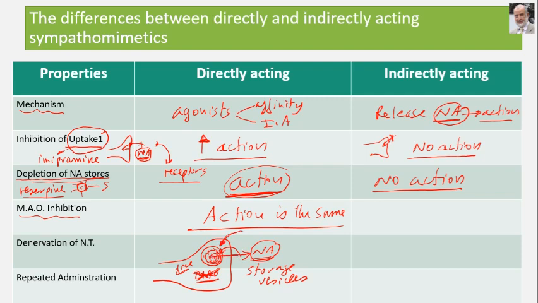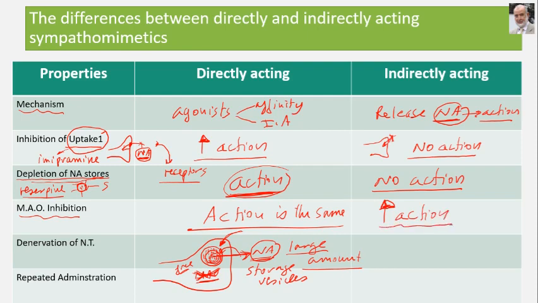In this case, will they displace a small or a large amount of noradrenaline? Of course, they will displace a larger amount than expected. So their action will be greatly increased.